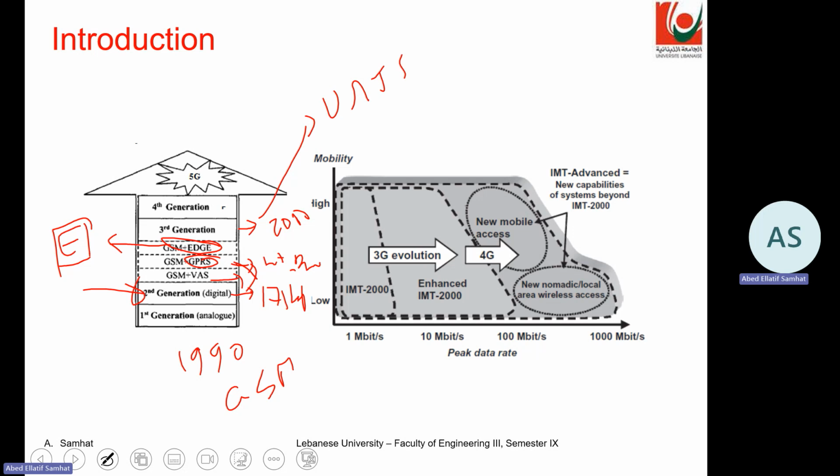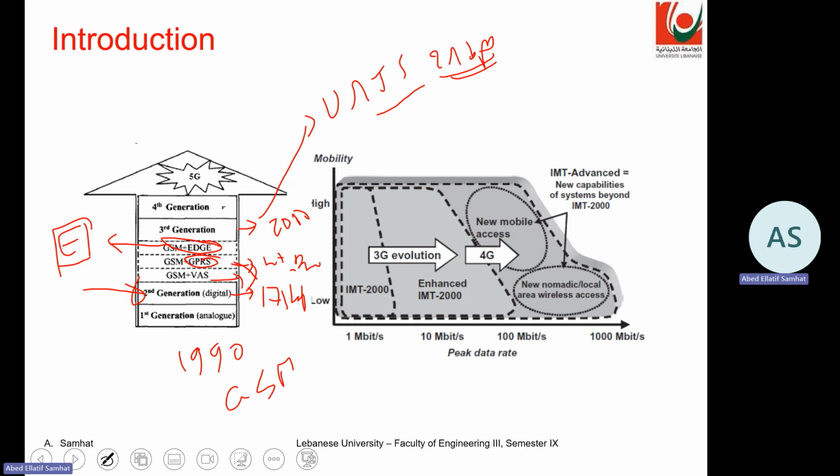For UMTS, they estimated a bit rate around 2 megabit per second at the cell level. This was the objective in 2000.